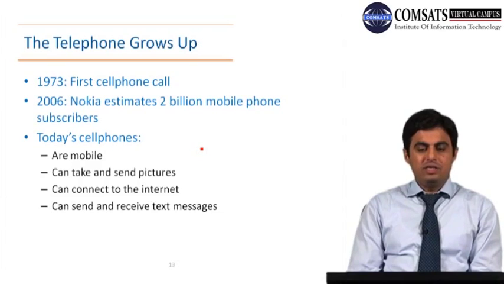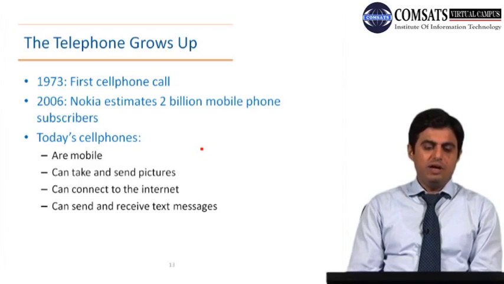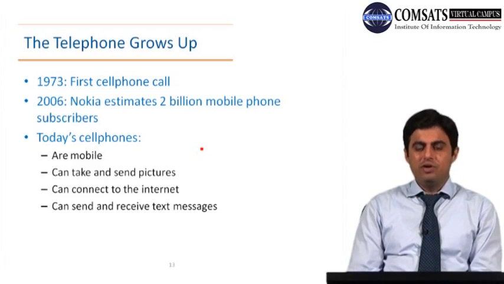Now you can see how quickly cell phones became popular, and today cell phones have so many features. They are not only mobile and portable devices, but they can also provide you with mediums through which you can send pictures, text and audio, and also connect to the internet and use social media.